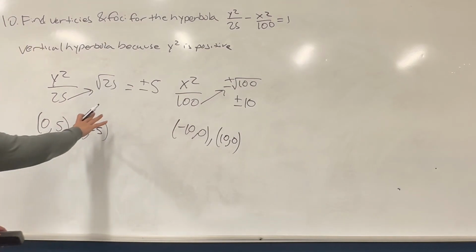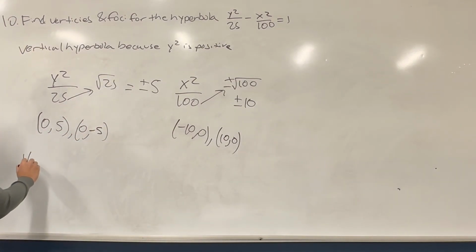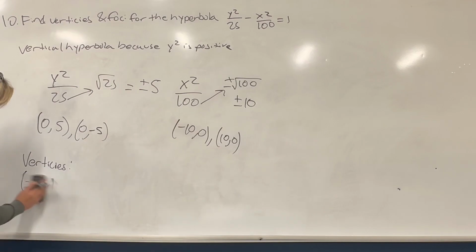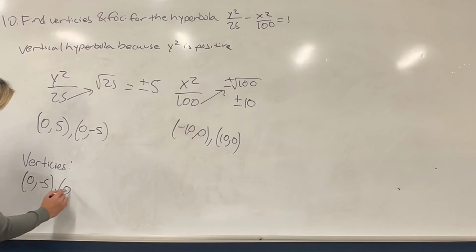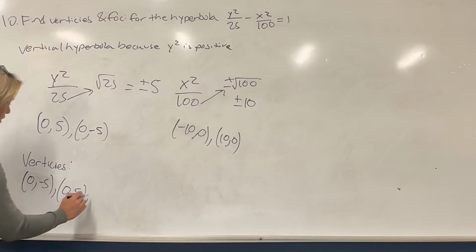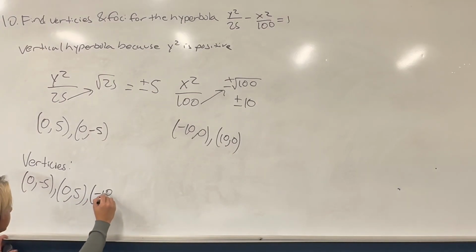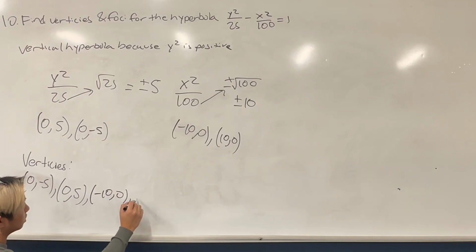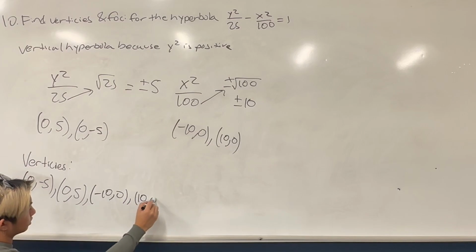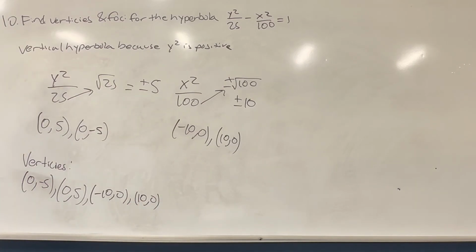So these are our vertices. Our vertices are, wait, hold up, I got myself confused here. 0, negative 5, 0, 5, negative 10, 0, and positive 10, 0. Bam, vertices.